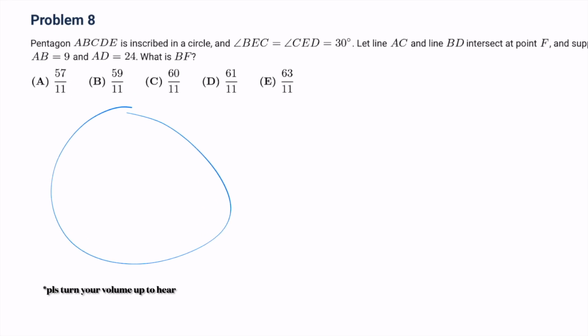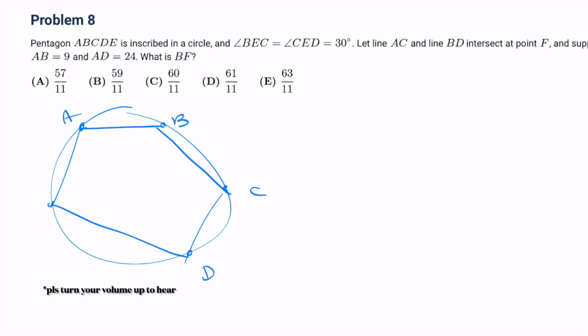So I'm going to draw the pentagon like this. We have A, B, C, D, and E. BEC equals 30 degrees. CED equals 30 degrees.